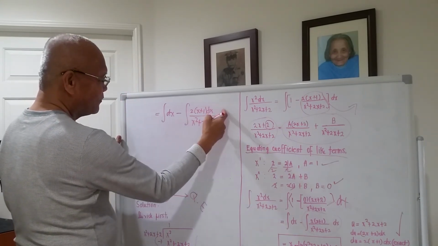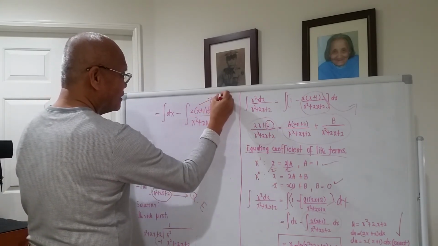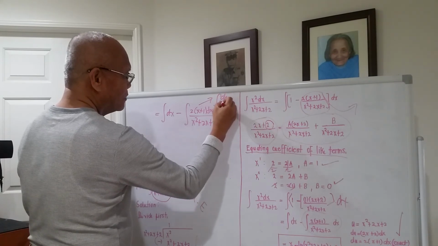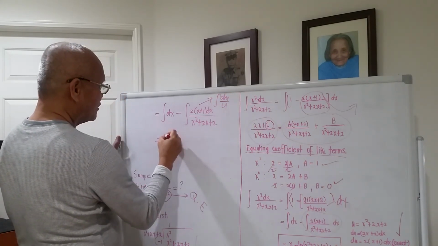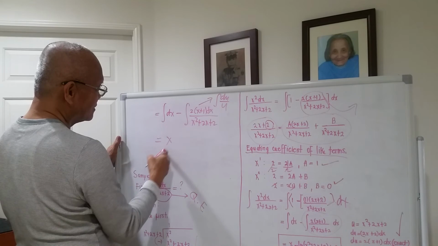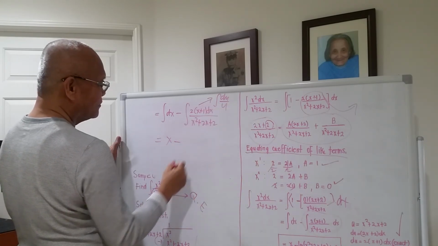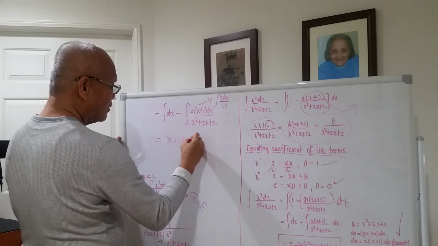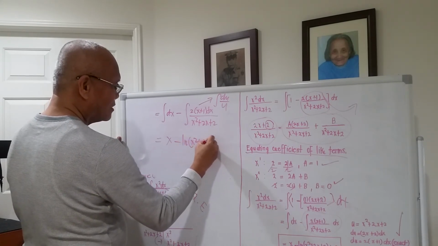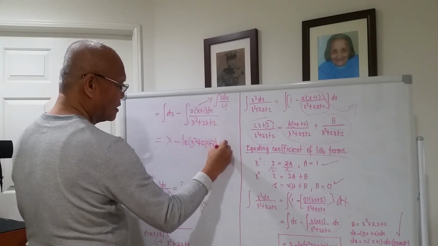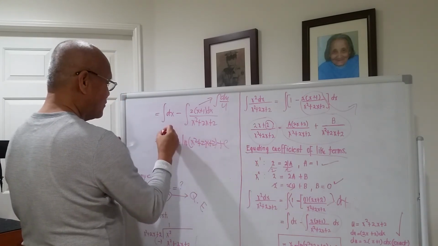This is exact, so this falls under the integral of du over u. So the final answer will be x, the integral of dx is x, minus, this falls under natural logarithm, the natural logarithm of x squared plus 2x plus 2 plus C. So this is the final answer.